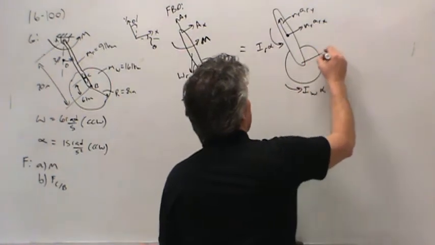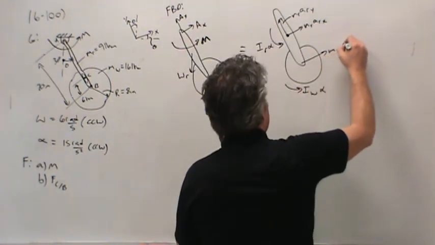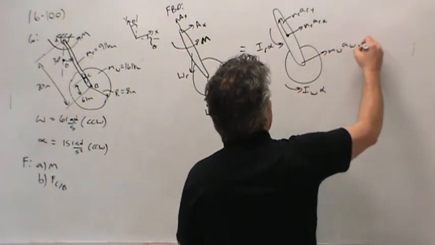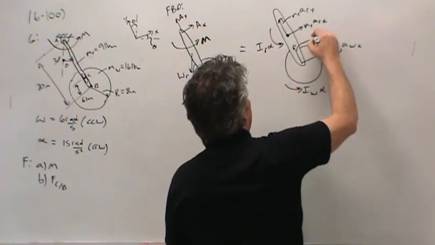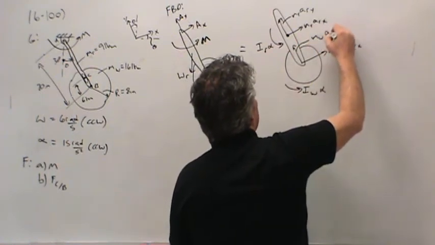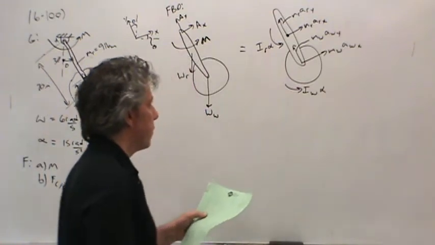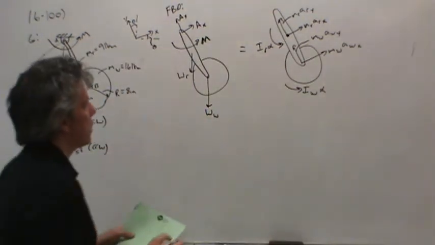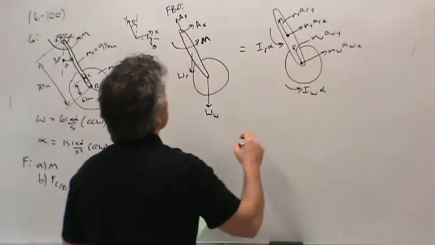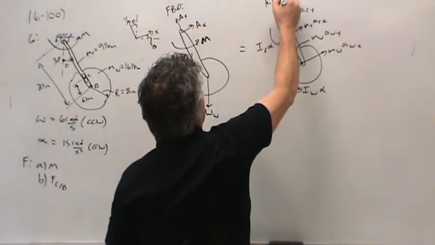And then I'll write mass of wheel, acceleration of wheel in the x direction, and mass of wheel, acceleration of wheel in the y direction. So there are all the dynamic forces, dynamic moments on the kinetic diagram.